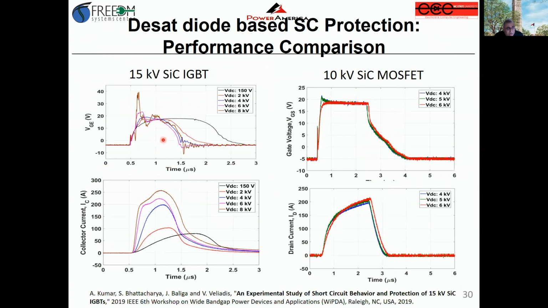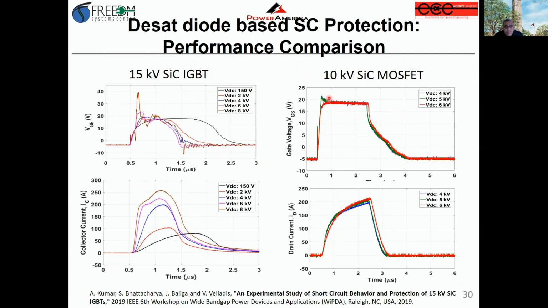If we compare apples to apples, the 10 kV MOSFET and the 15 kV IGBT, you can see the turn-off waveforms for the gate voltage. This is the difference: in the MOSFET, because it is a unipolar device, the gate voltage does not peak up.